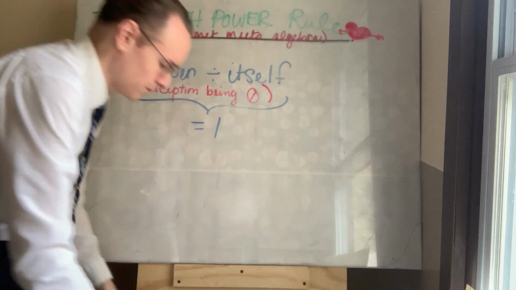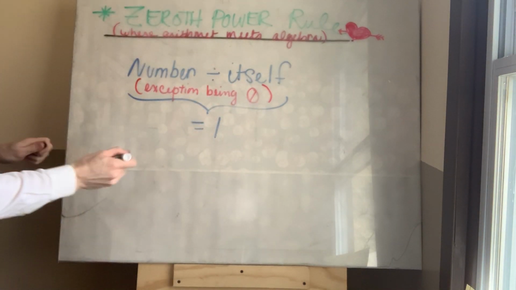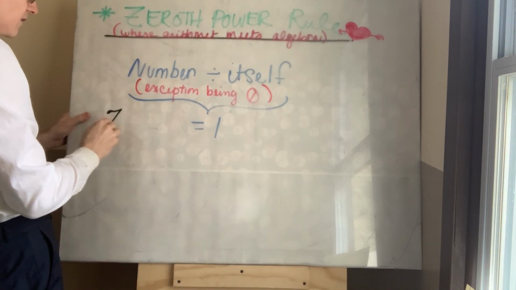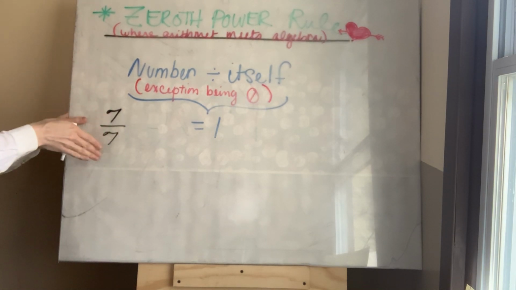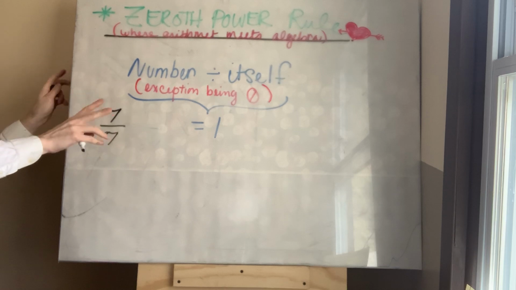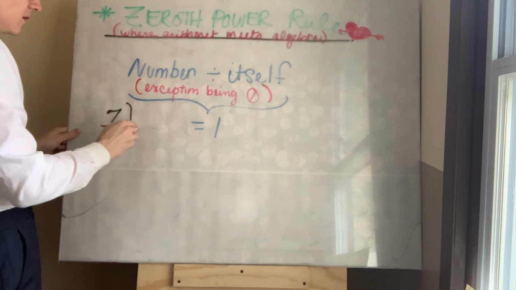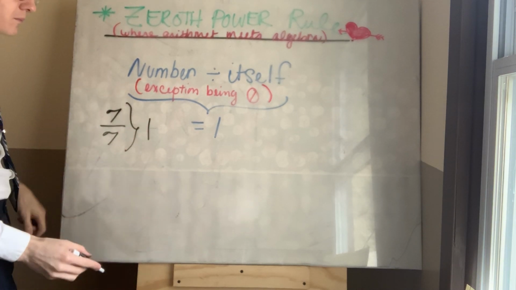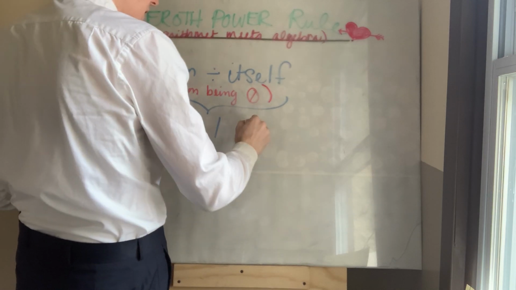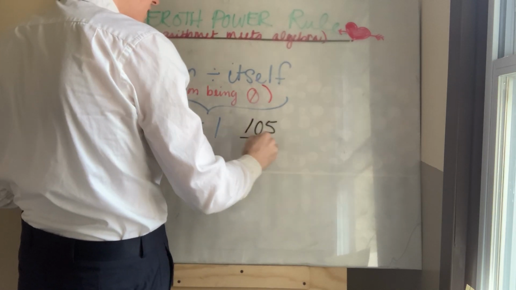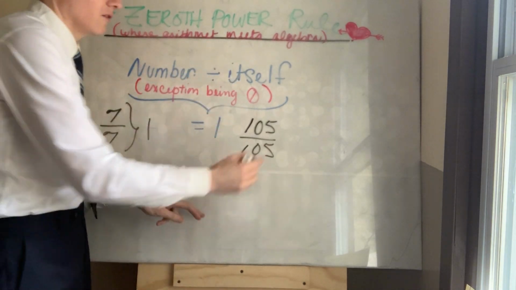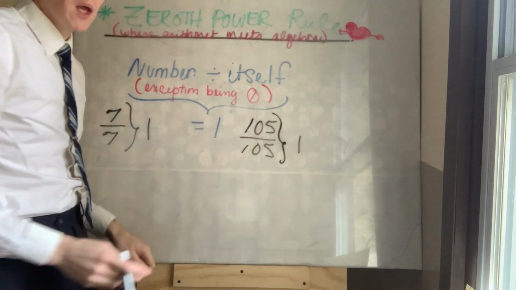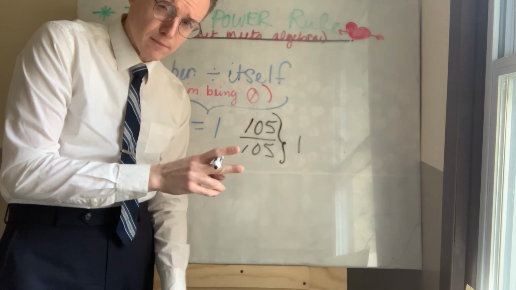And here's some proof of that. If you had 7 divided by 7, a number divided by itself, I'm just writing it stacked in a fraction-esque way, a number divided by itself is 1, even if it's something rather large. 105 divided by 105 is a number divided by itself, so it's 1. What about something mysterious?